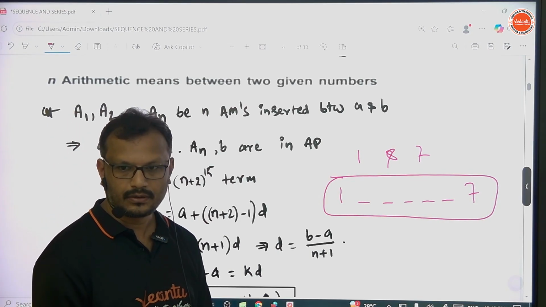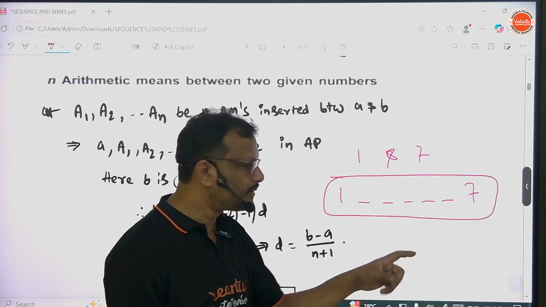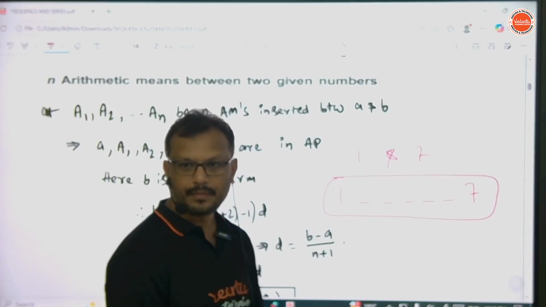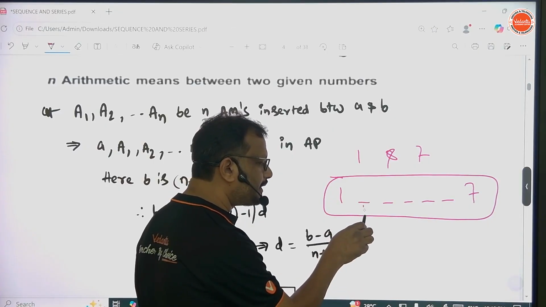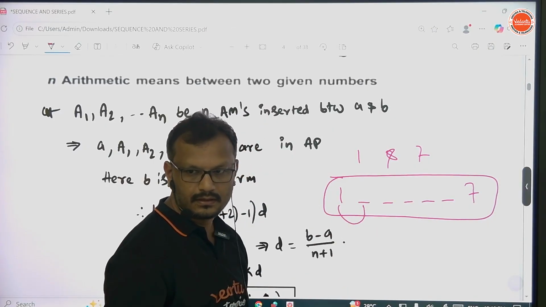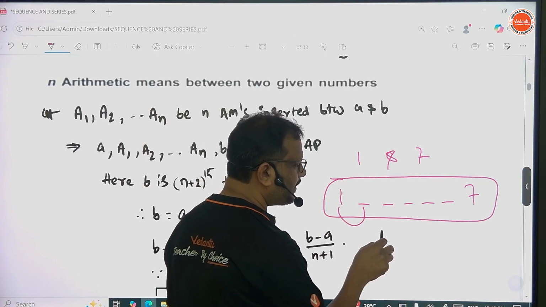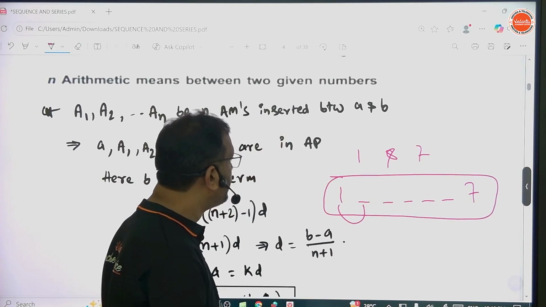Right? Got it, no? The whole sequence must be in AP. So including this, we have to insert accordingly. AP means the common difference between these two must be, say, D. For example, if you take D, the common difference between these two will be 2D.